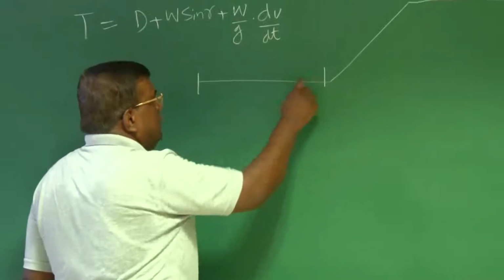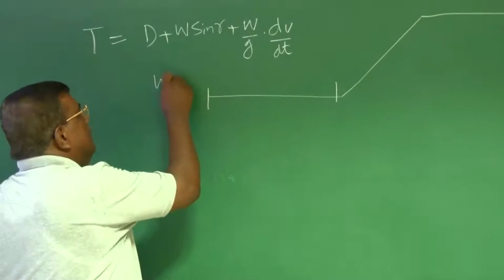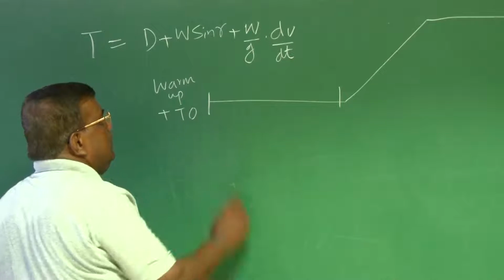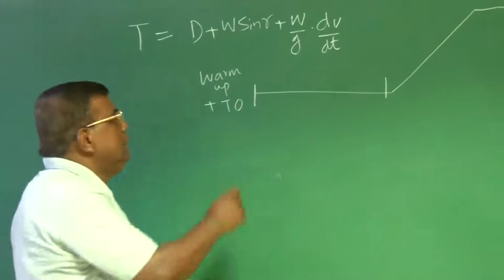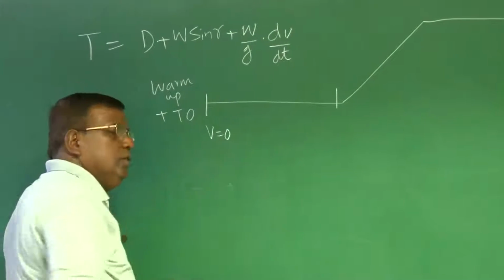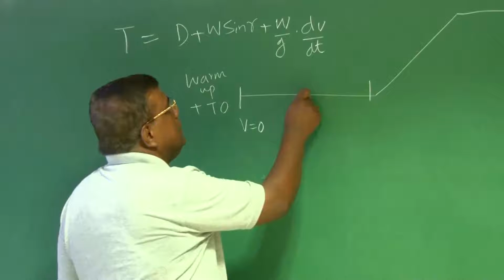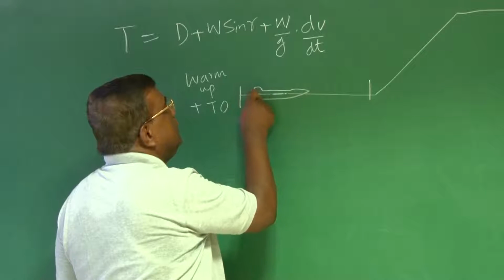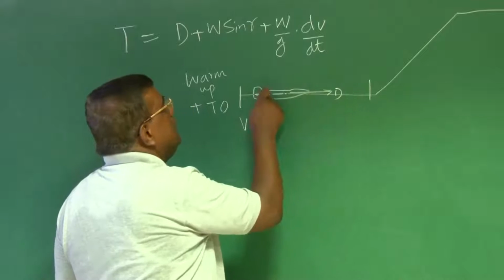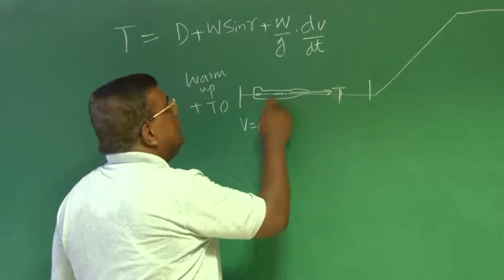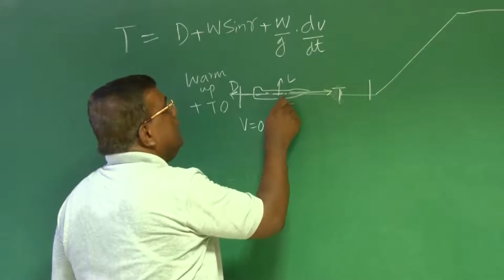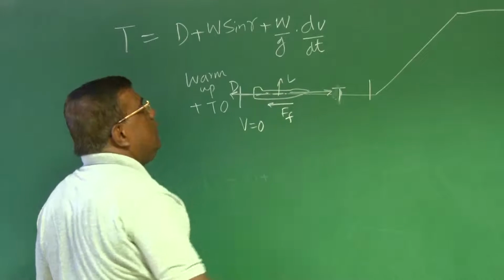Now come here. This part, you know, this is warm up plus takeoff. And explicitly what we understand, that the airplane starts with V equal to 0 and thrust is applied on the aircraft. Here is the thrust, opposing is drag, some lift will be there, and then there is a friction force. Okay?